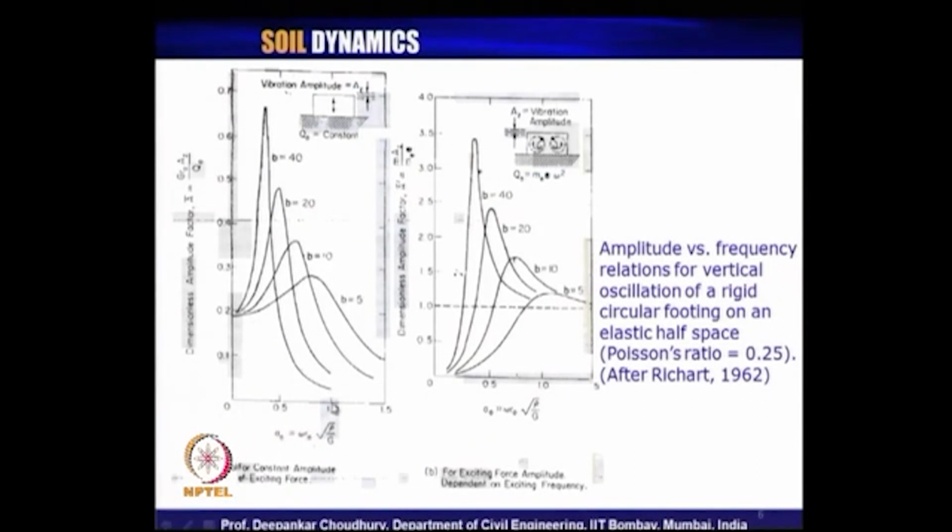So, this is the axis for a naught, different values of a naught, and these are curves for different values of b, mass ratio. From this graph one can easily read, after calculating a naught, because omega is given to us, r naught of the foundation is known, rho of the soil is known, g of the soil is known. So, a naught can be calculated. b also can be calculated, mass ratio.